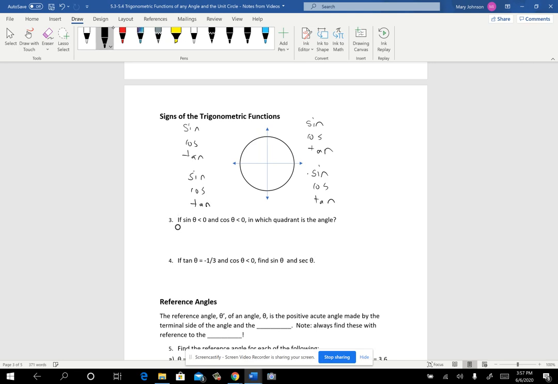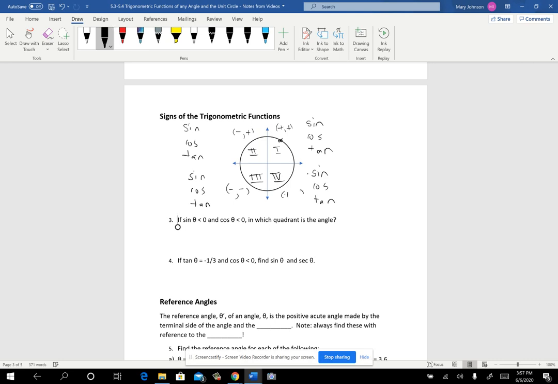Okay, and so just think about your first, second, third, and fourth quadrants. If you're a point somewhere in the first quadrant, your coordinates are both positive. If you're in the second quadrant, your x is negative, but your y is positive. In the third, both of them are negative.